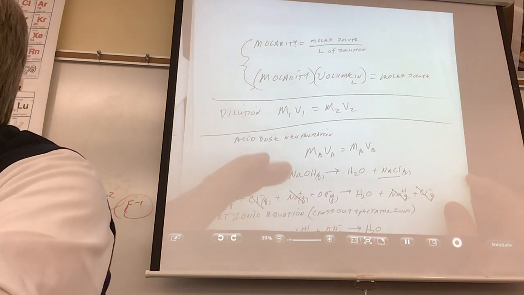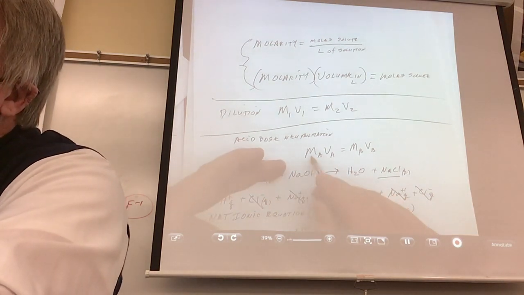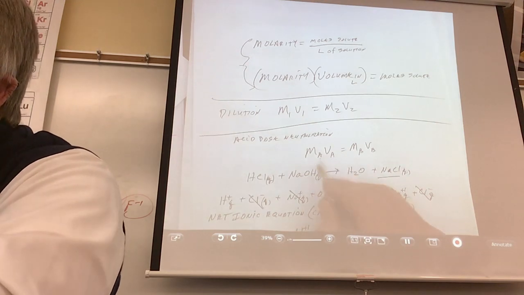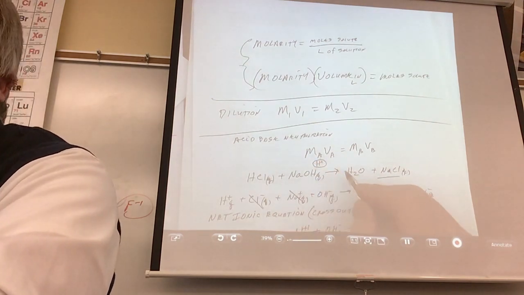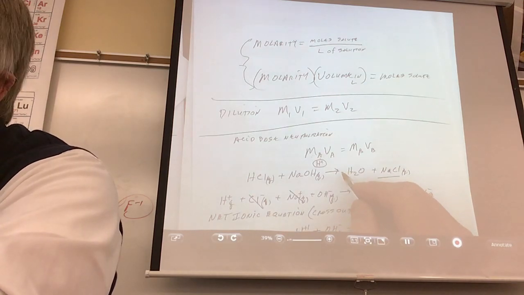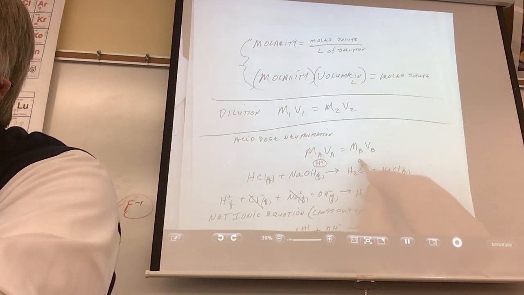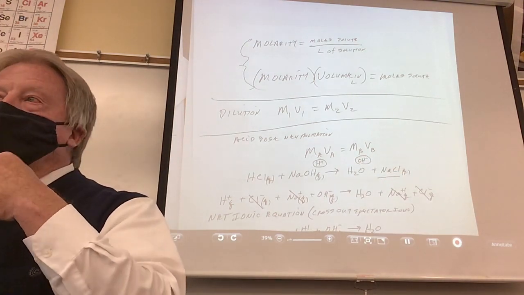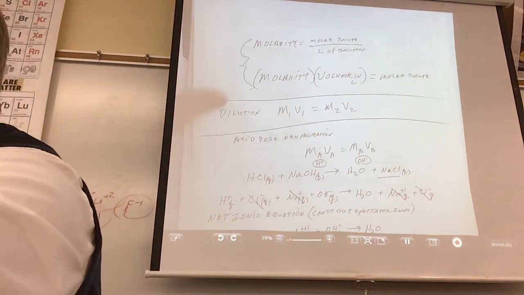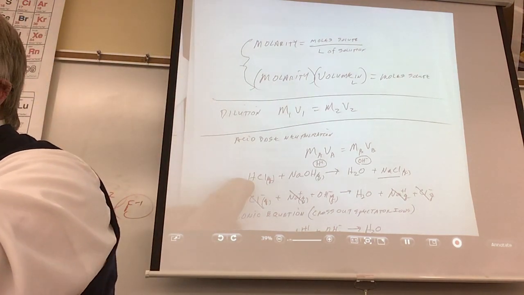The only thing that makes this different is they say it's the molarity of the acid, but what they really mean is the molarity of the hydrogen ion. And this means the molarity of what? Of the hydroxide ion. And that's the only trick. If you give me a problem like this one, then I'm easy.